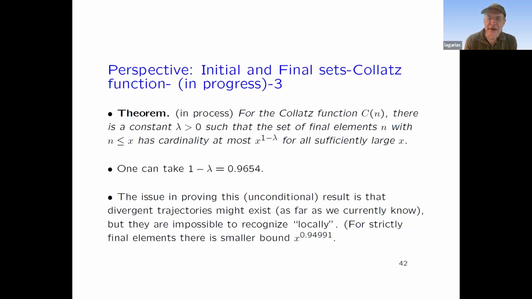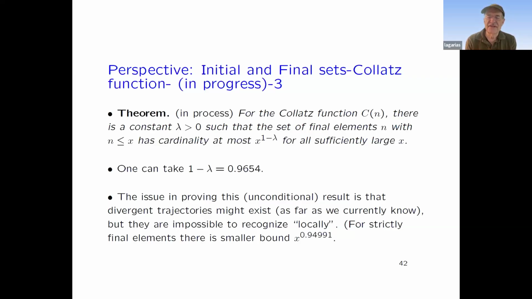So the main result I wanted to say on this subject, it's in process, although if you like it's an elementary consequence of a large deviation thing. It says, for the Collatz function C of n, there's a constant lambda such that the set of final elements below x has cardinality at most x to the 1 minus lambda for sufficiently large x.